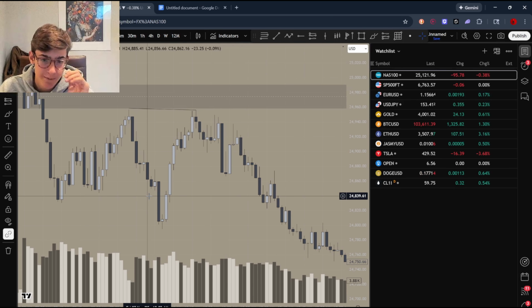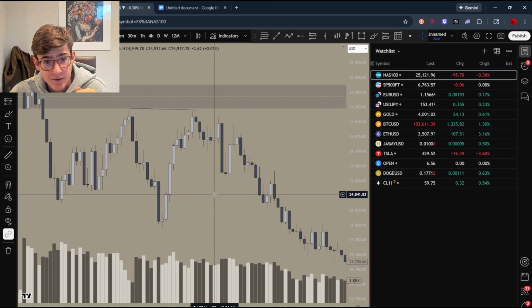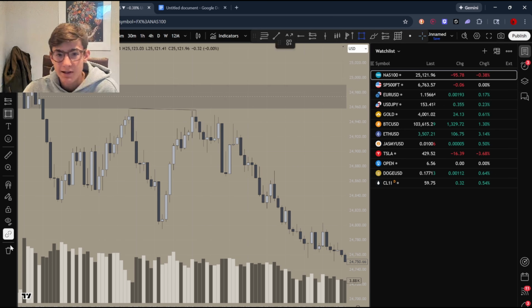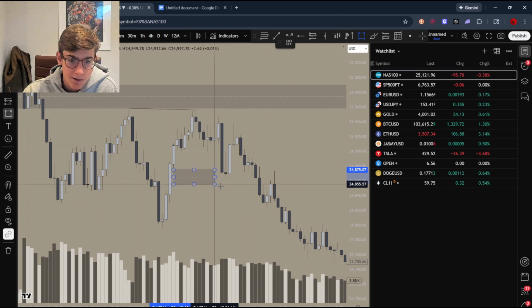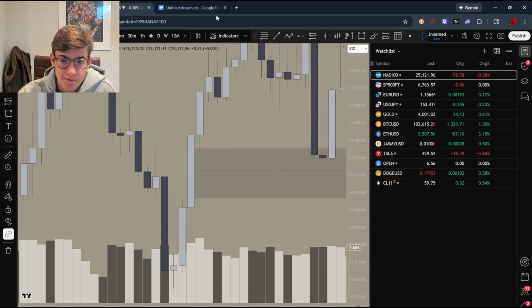The other thing we can look for along with the break of structure is an inverse fair value gap. Now, we know what a regular fair value gap is. It's a 3 candle pattern with the fair value gap being in the middle candle where the wicks don't overlap. Right here, you can see there's a fair value gap.